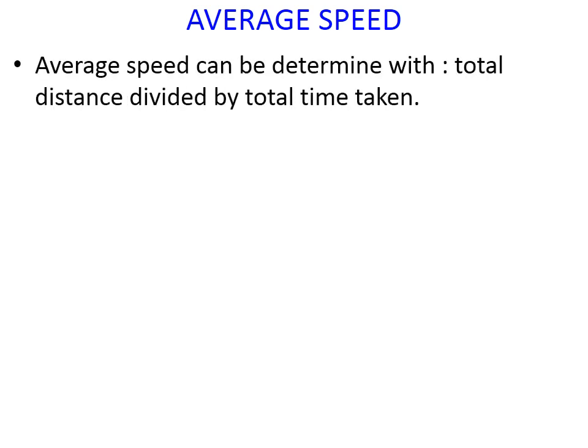Average speed can be determined as the total distance divided by the total time taken. Because of that, average speed can be formulated as v equals s total per t total.